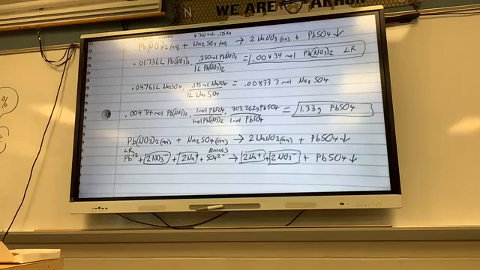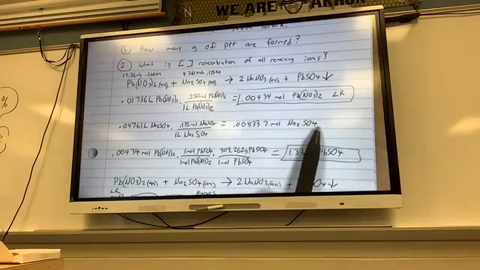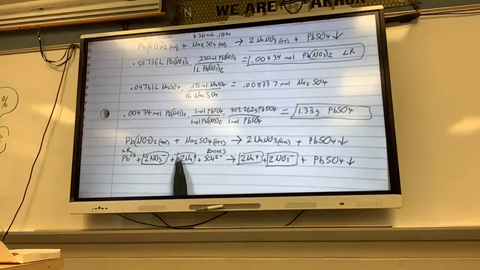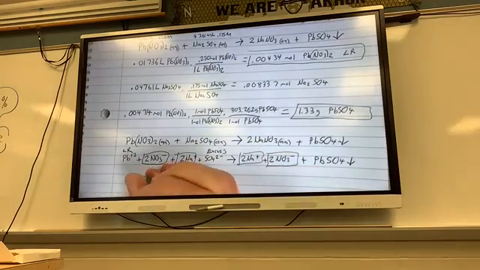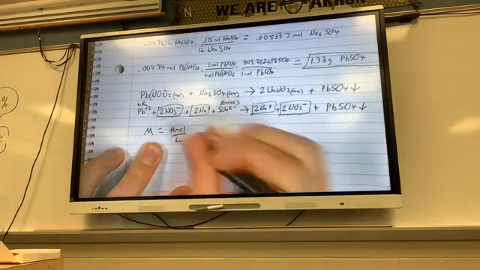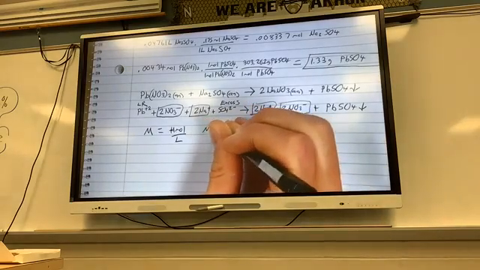The SO4 is not the limiting ion, because this is my limiting reactant, so the SO4 is in excess, right? So I'm going to calculate the concentration of how many things? 1, 2, 3 things. Are you guys okay with that? The easiest ones are doing our spectator ions first. So let's start with our NO3. Molarity equals number of moles over liters. I'm only going to write that once.